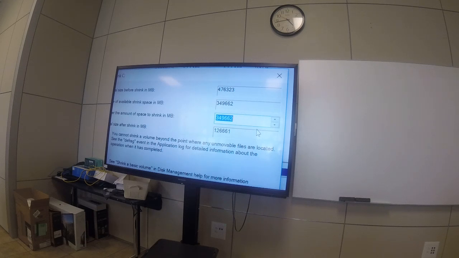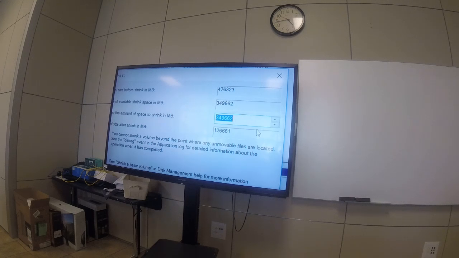As I mentioned, the logical means, the software representation of where those files are on the disk, doesn't need to match the physical representation of where those cells happen to be placed on the NAND flash memory on the solid state drive. So I could shrink it all the way down to 45 gigs and that would be fine.